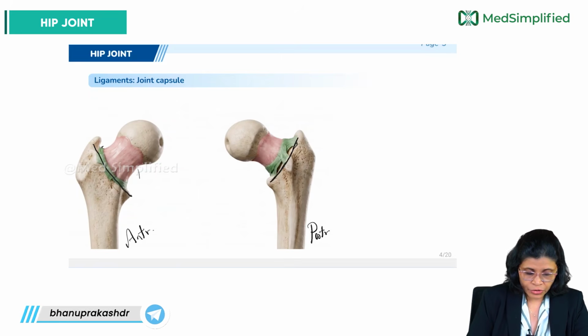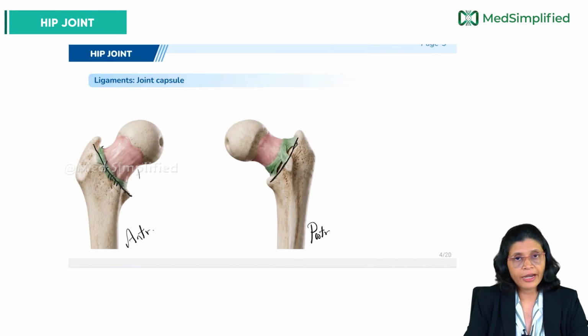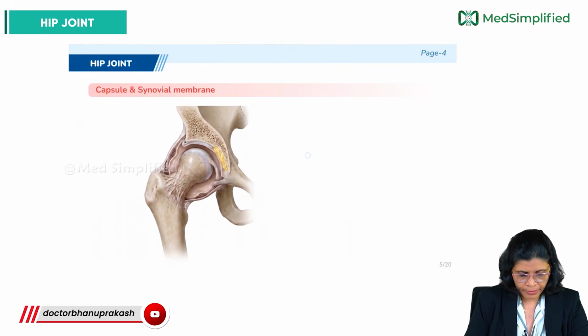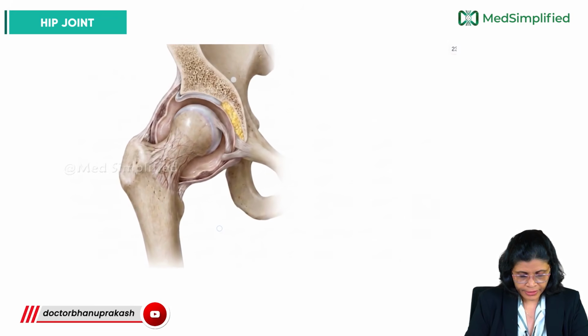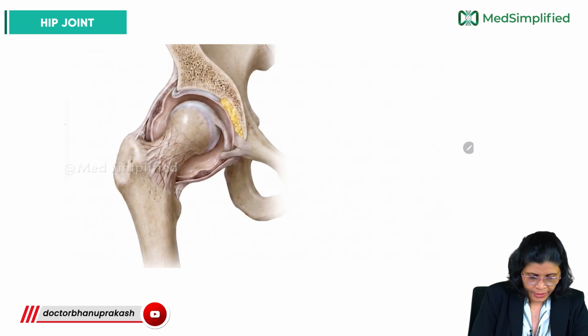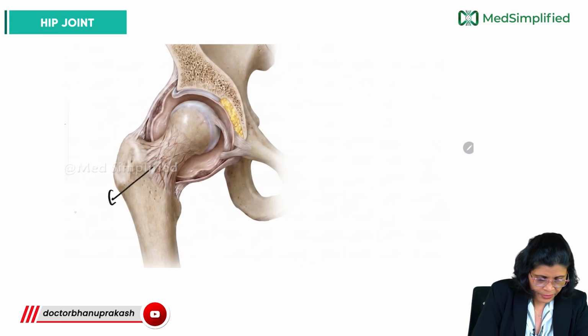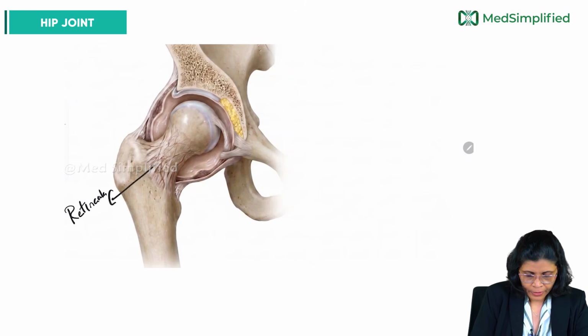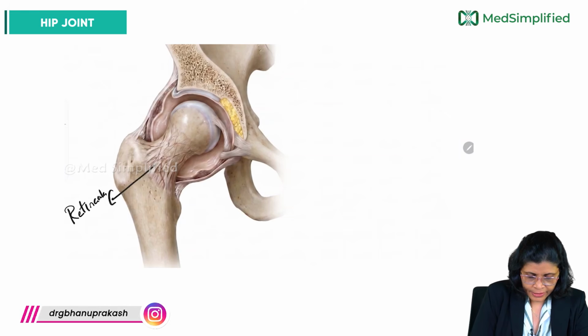The outer longitudinal fibers are reflected along the neck towards the head, and they form the retinacula. Here you can see the retinacular fibers of the capsule, and lining this is the synovial membrane.